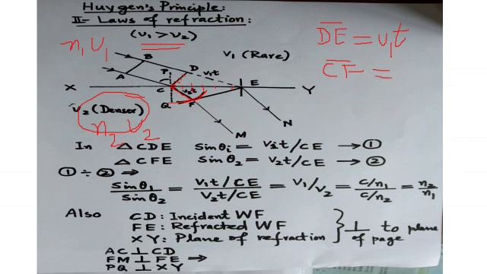This radius will be the speed of light in the second medium, which is v2 times t then.